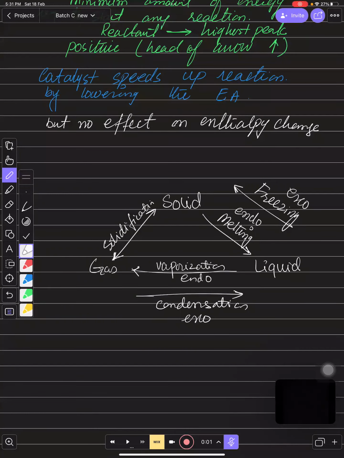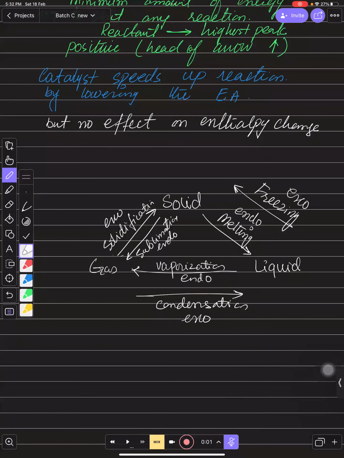This is solidification. ठीक है. और इसका जो backward वाला है, this is solidification. So the sublimation is endothermic and the solidification is exothermic, right बच्चों?